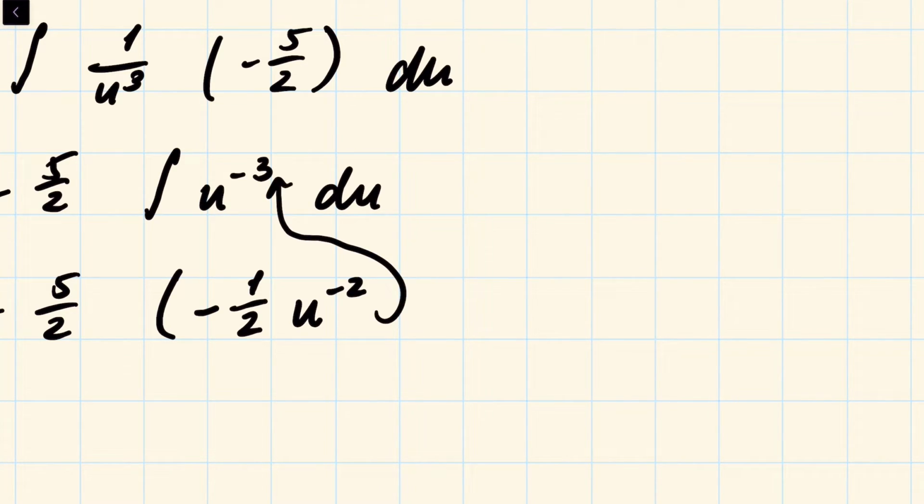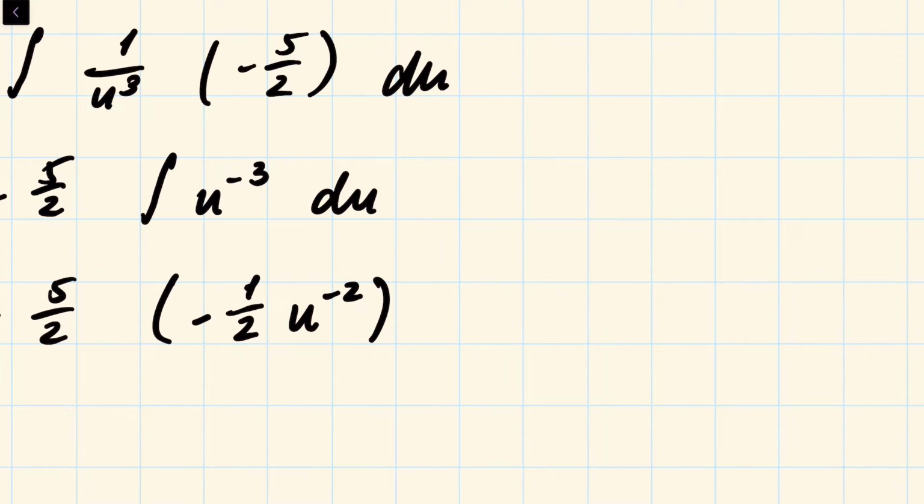And when you bring that coefficient in front, it's going to cancel out essentially, because we don't have a negative u here. If we had a negative u there, then we'd have that be positive, but it's not. It's negative here. And plus c.